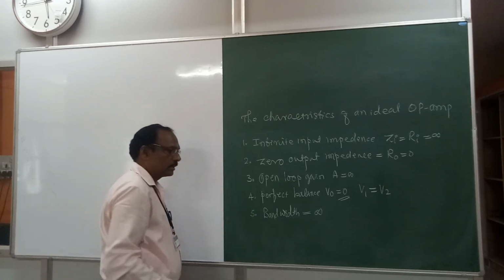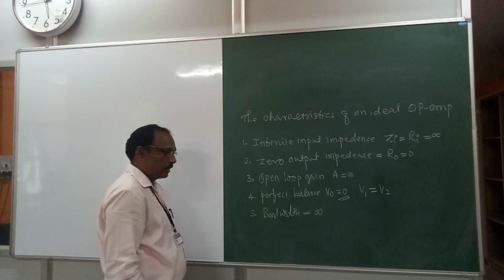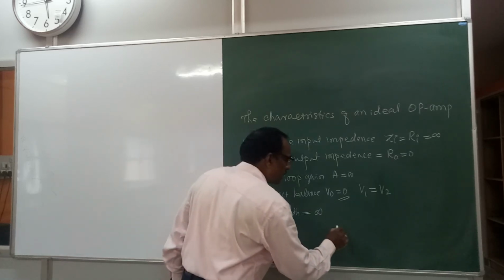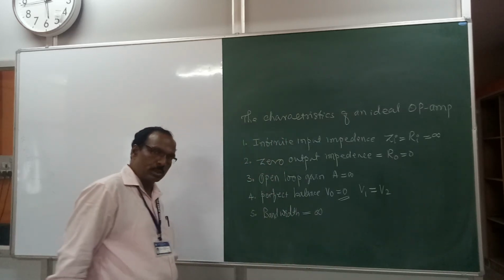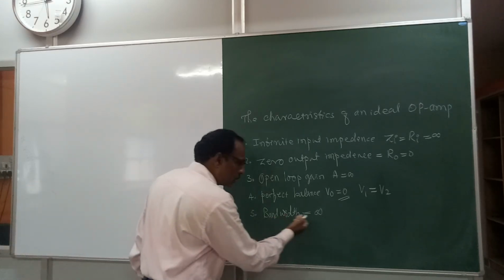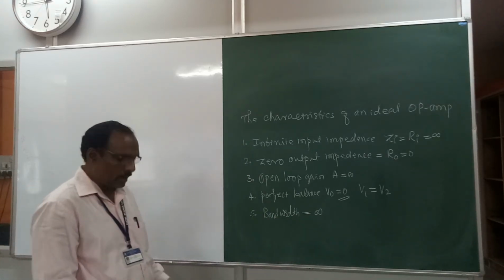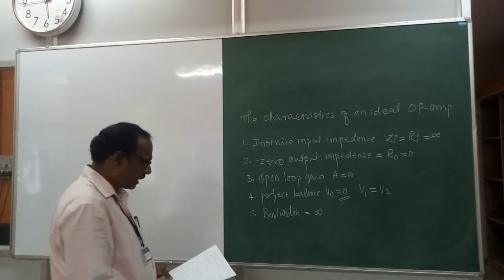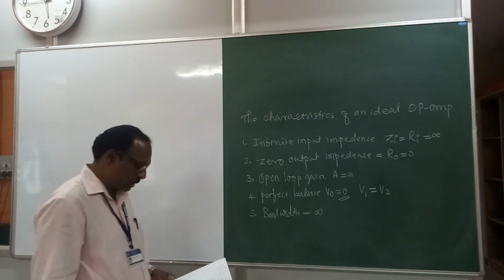When we are using a practical IC, we introduce a resistance called the feedback resistor, and to some extent we can reduce that gain. Bandwidth for an ideal operational amplifier is infinite.